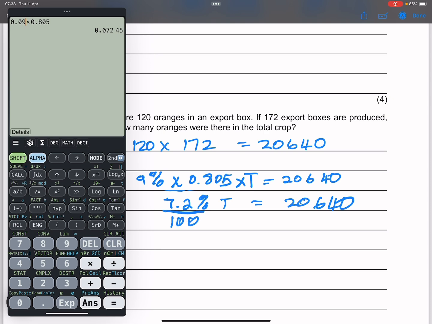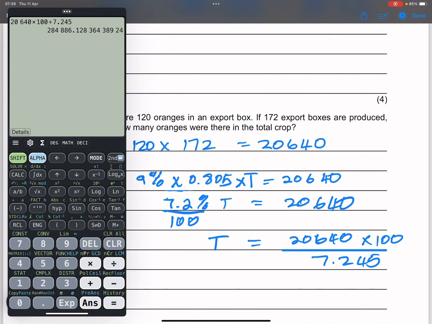So let's try and do the mathematics, ladies and gents. So T will be equal to 20,640 multiplied by 100, divided by 7.245.